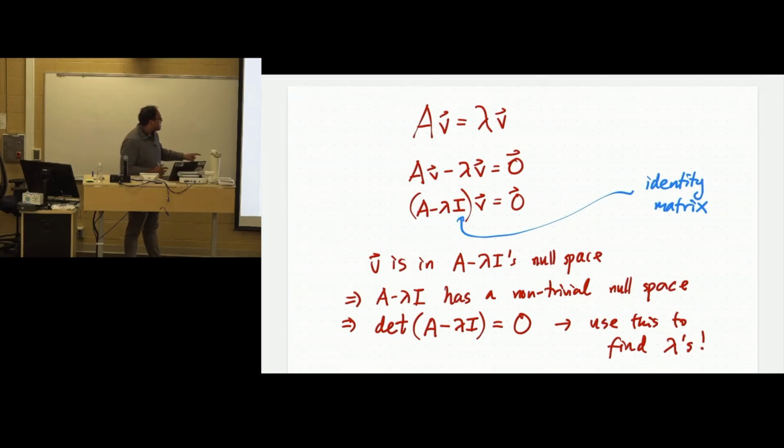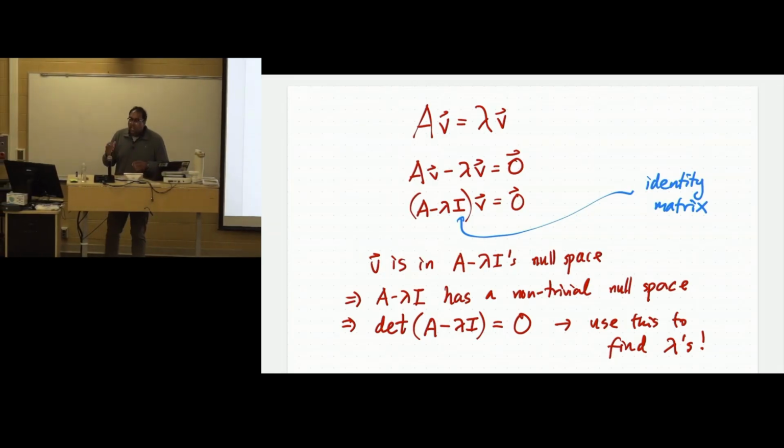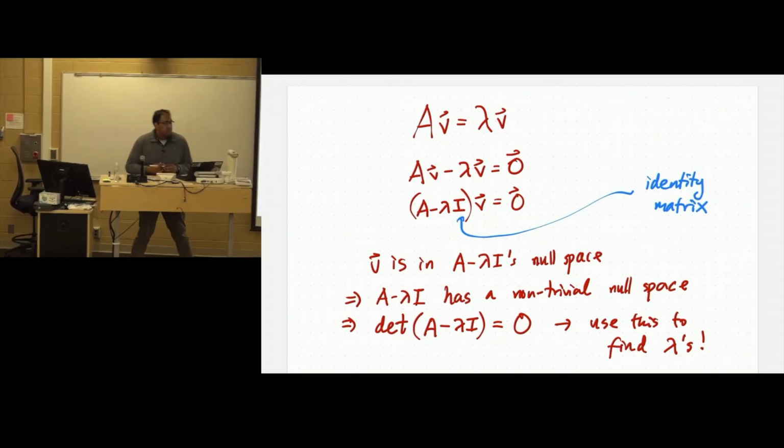And this equation is so important that it's given a formal name. It's called the characteristic polynomial of the matrix. Okay? Let me make sense of that.